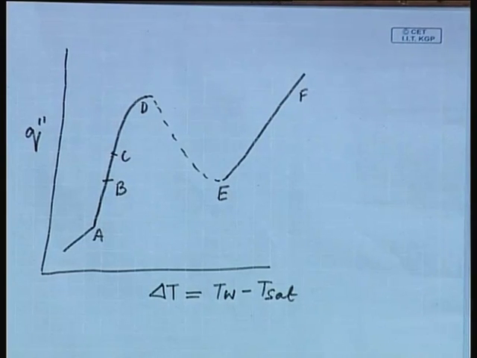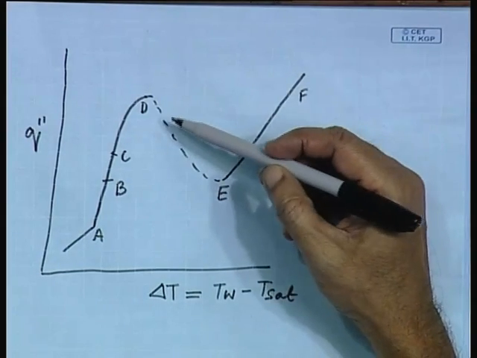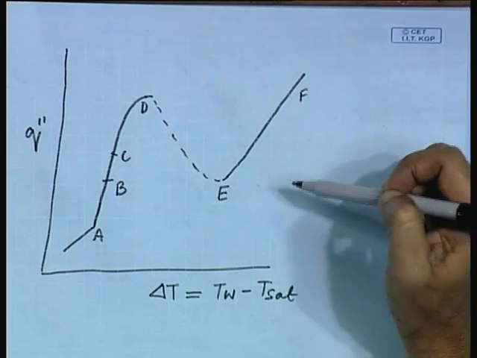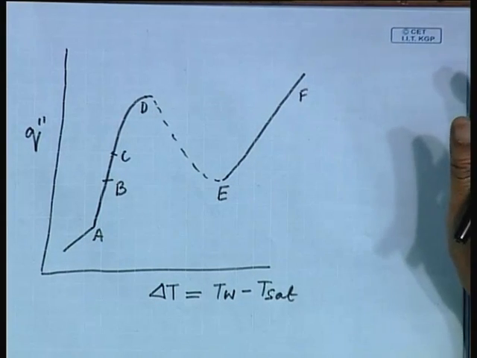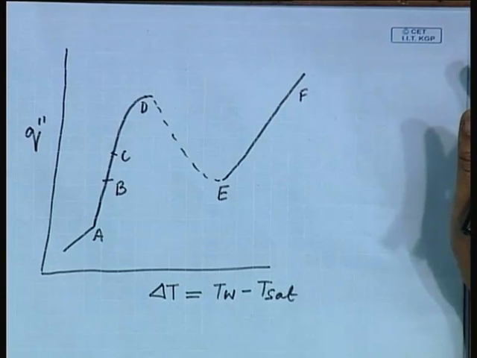Till today it is not very well known what is the exact mechanism of heat transfer during the transition boiling regime. So, we do not have many models for the region D to E, but E to F is the film boiling region, and here again models are available.